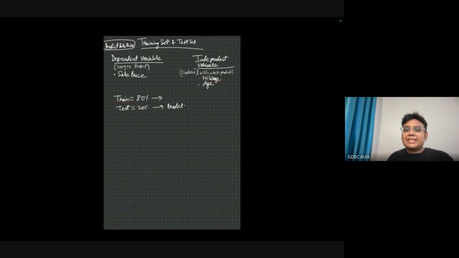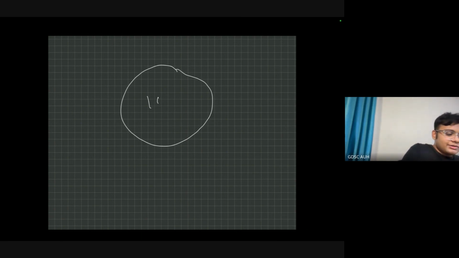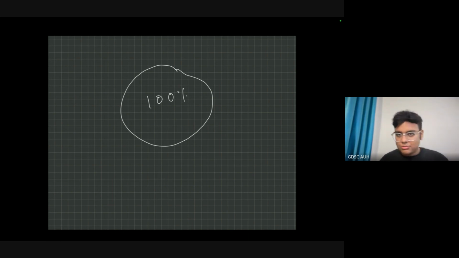Now let's come to training set and test set. What is this? Now we've got a whole lot of data, which is 100%, right? It's all the data that we have.